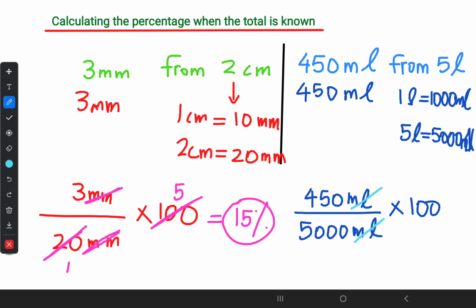Milliliter simplified with milliliter, and the zeros. Finally, you will have 45 divided by 5. In the numerator 45, in the denominator 5. 45 divided by 5 would be 9 percent. This is the overall correct answer.